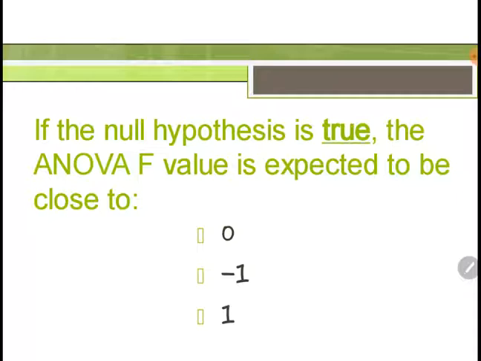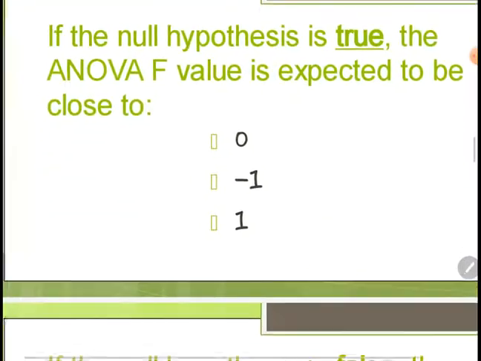So yung null hypothesis, walang difference 'yon. So if the ANOVA F value is expected to be close to at least 0 or -1 or 1. 'Di ba? Mako-conclude natin na yung null hypothesis na yun is true. Kasi ang baba lang naman yung F value na nakuha natin.